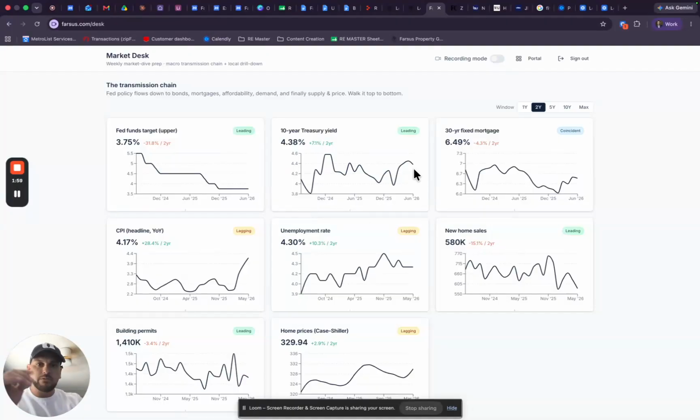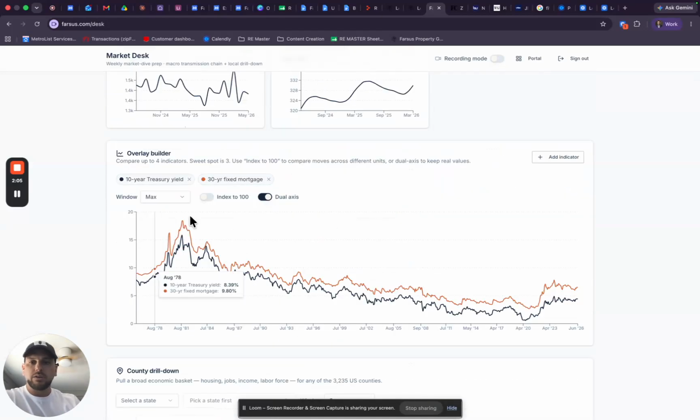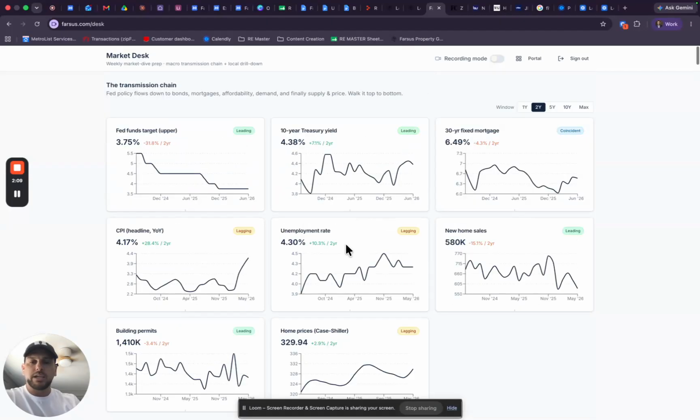Now, these are just roughly 2 years old, but as you can see, we scroll down here and we can go back. We can adjust the time frame for some different indicators as well. So we're going to walk through some of this, but just to give you a sense, what we're looking at here is a tool that I built called Market Desk, and I built this using AI.